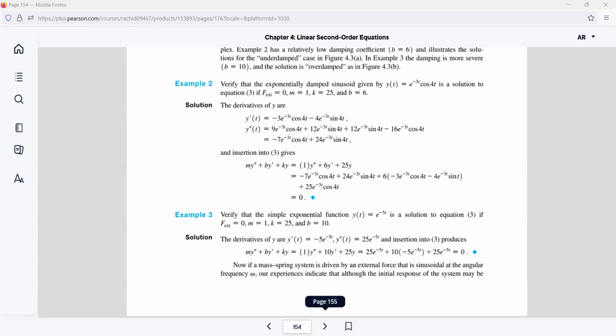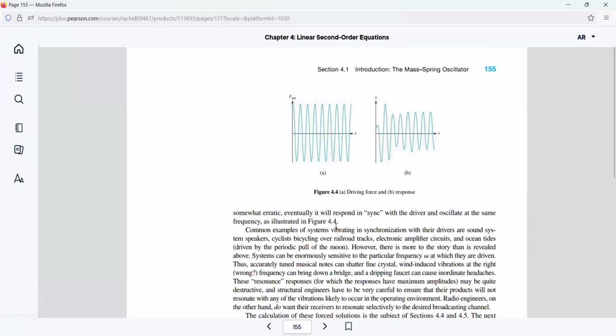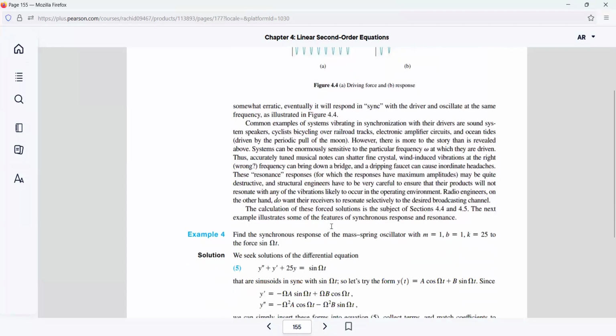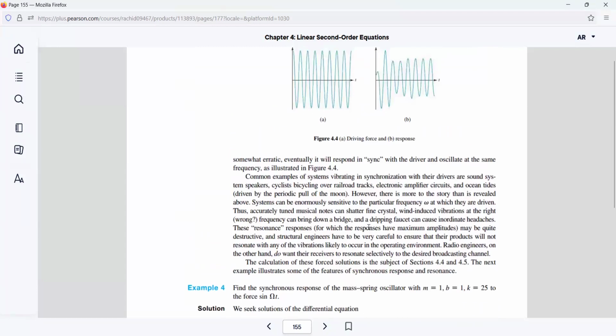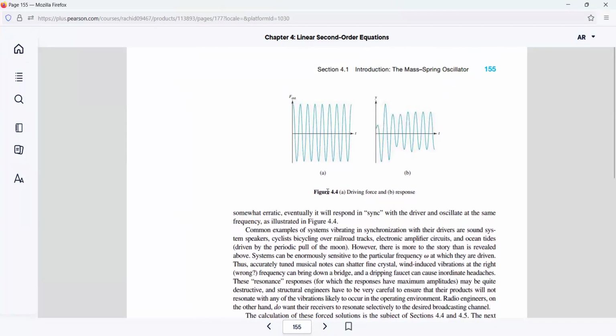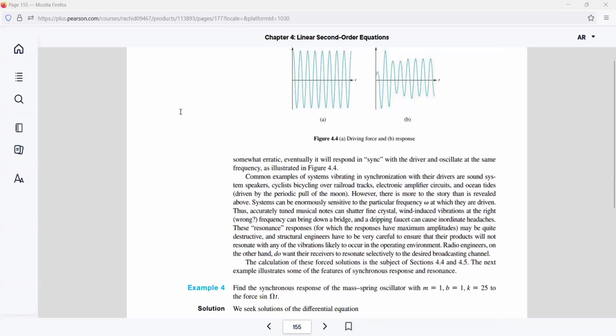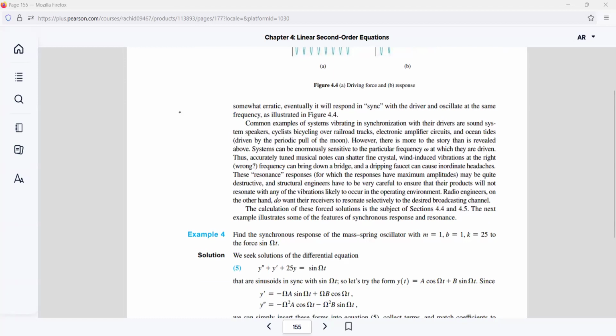All right, so now let's see the external forces. We have other figures here, for A and B. In A, a driving force, and in B, a response. If you look here, of course, we'll talk again about the applications.